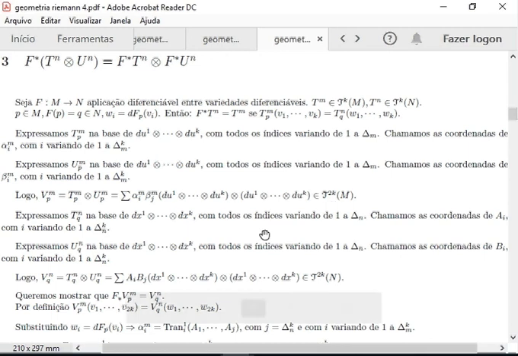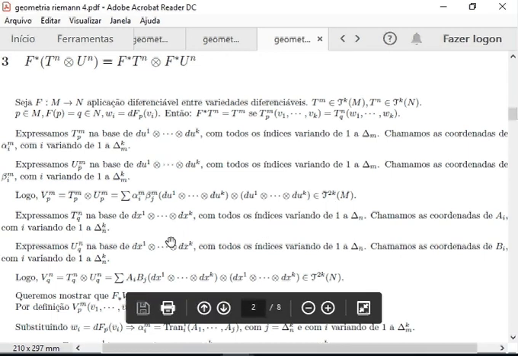We express Tkn in the basis dx1 dxk with all the indexes from 1 to delta n.